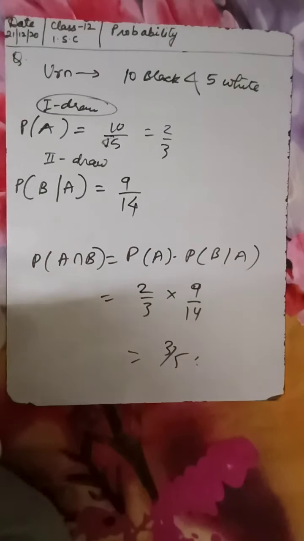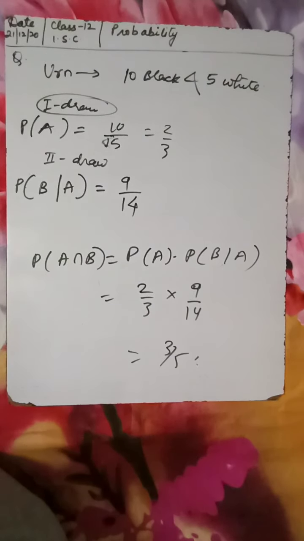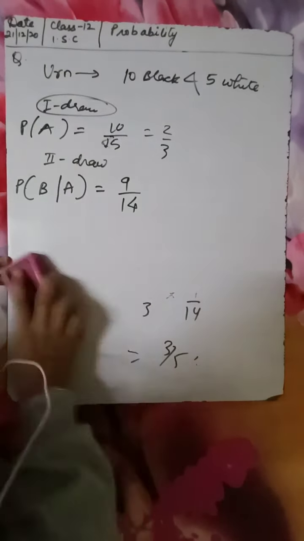If you could not understand the independent event, let me give you one example of how we can understand this. Say for example, we have a deck of 52 cards, and from there we are trying to draw a card.